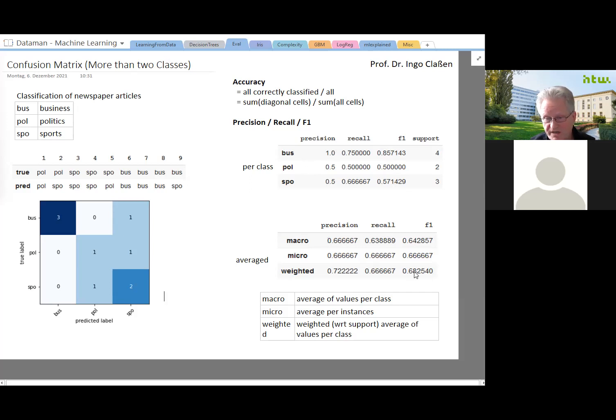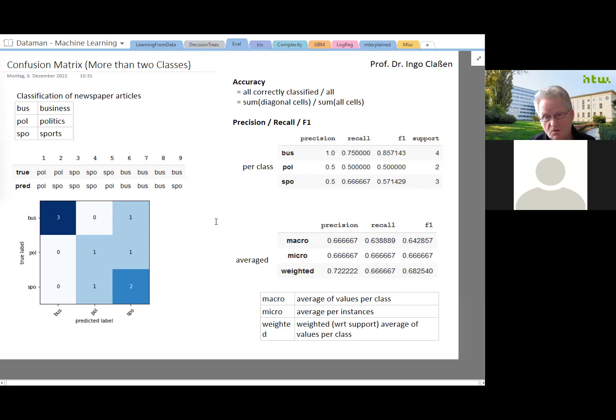Or I can take the weighted average, where I take the F1 value and take the support into account, weighting it according to the number of cases. So for example, the weighted average F1 value would be 68% in that case, and the macro would be 64%. Which one is better depends on your use case.